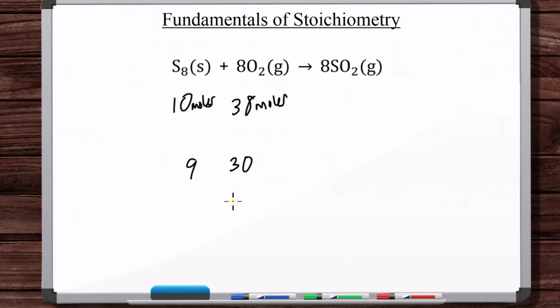Now 8 more molecules of O2, 8 more, 8 more. Right? You can see the limiting reagent is going to be the O2. All or the majority of the O2 gas is going to get consumed, and you're going to be left with an excess of the sulfur.